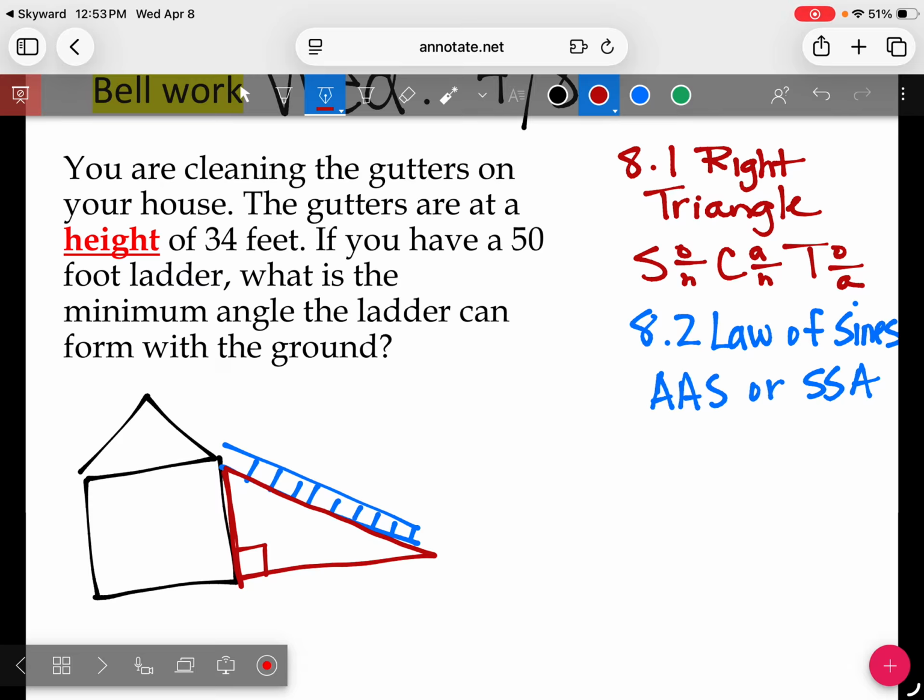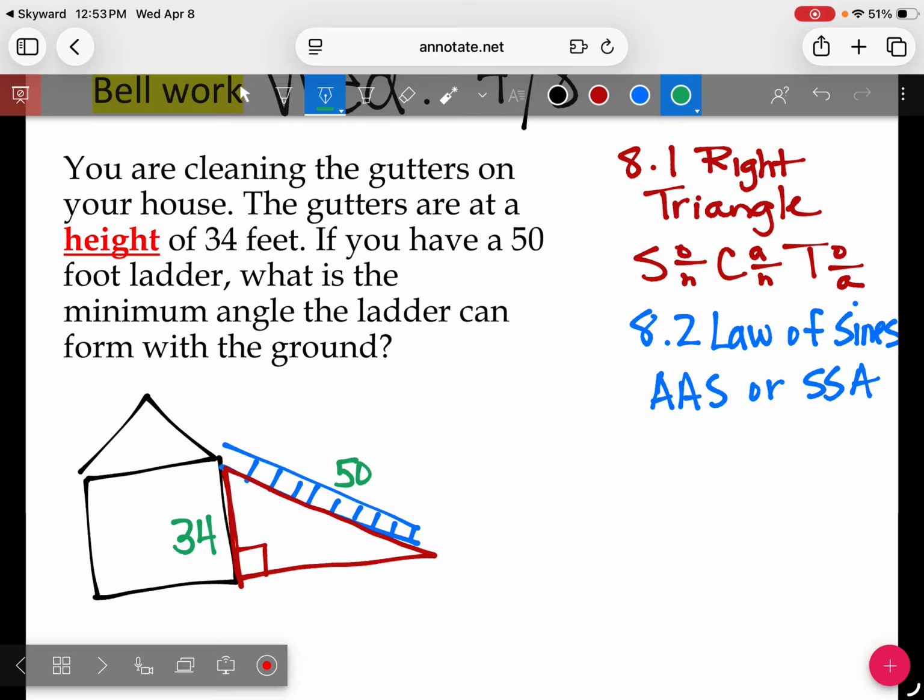So again, when we talk about height, when you measure your height, you're not slanted, you're not laying down, you're standing up straight. So if the height is 34, you have to put the 34 here. It also tells you that the ladder is 50. Well, this is my ladder, so I'm going to put the 50 here.